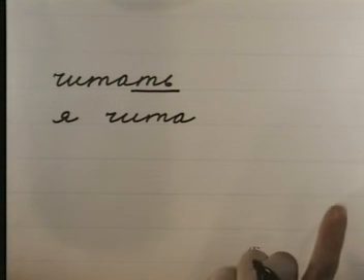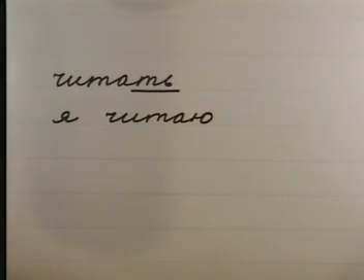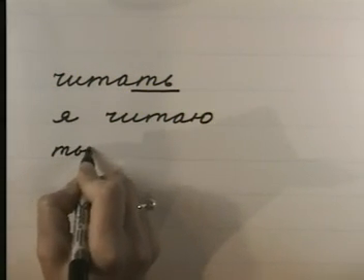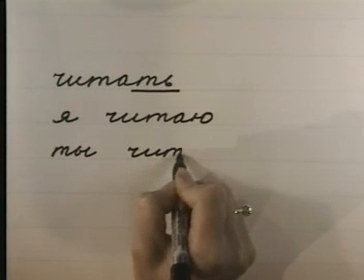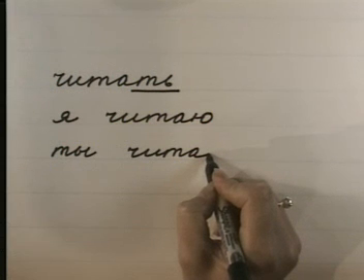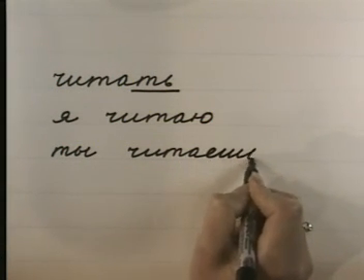Я чита, and now I need to add the ending. Я читаю. I am reading. Ты, you singular, ты чита. That's the verb stem. It always stays the same. Now what's the ending? You are reading. Ты читаешь.